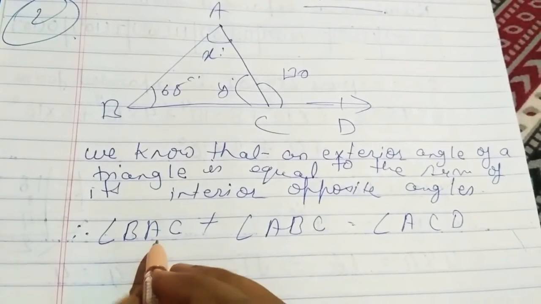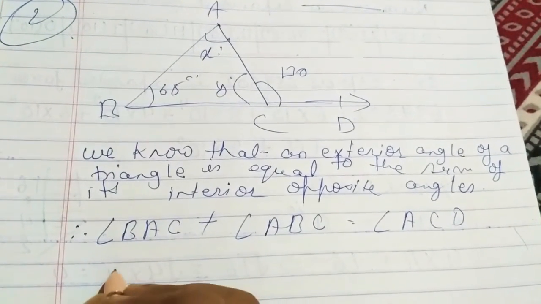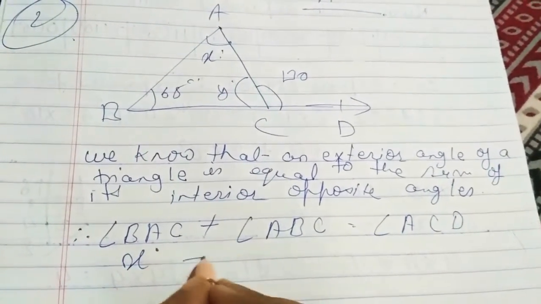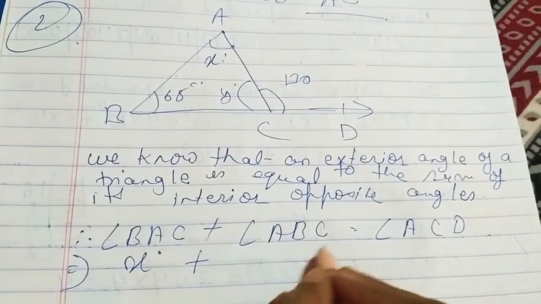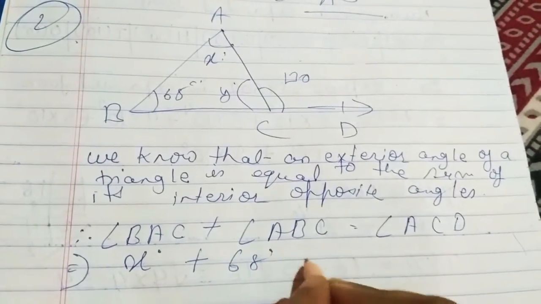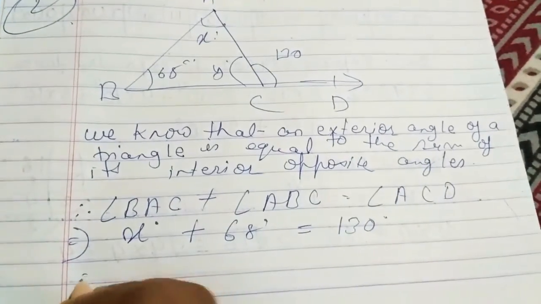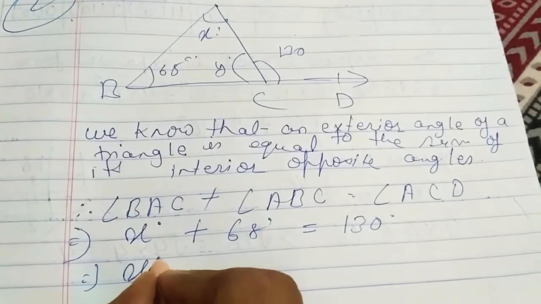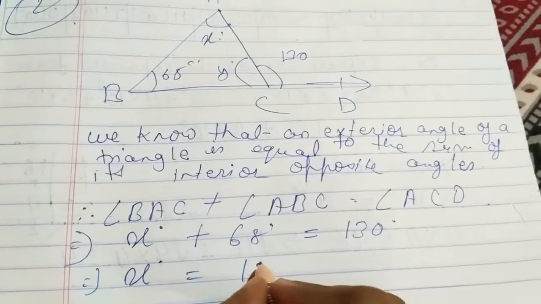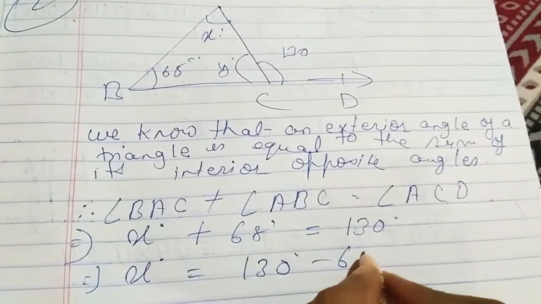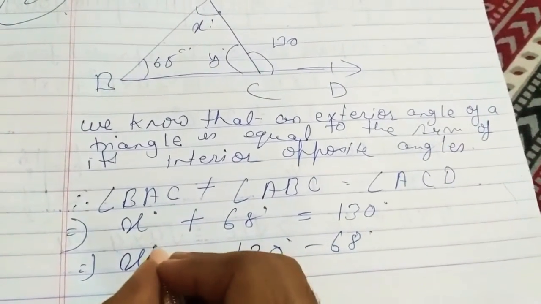So BAC is given x degree, ABC is given 68 degree, ACD is given 130 degree. So x equal to 130 minus 68 degree.